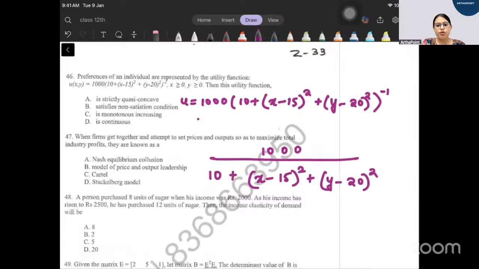I'll give you a minute. Understand the shape first.